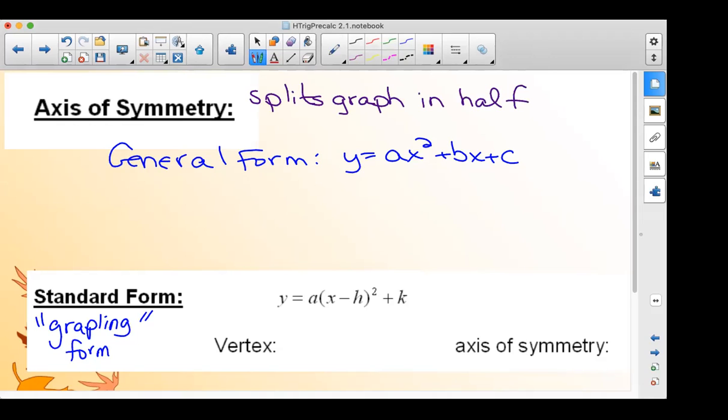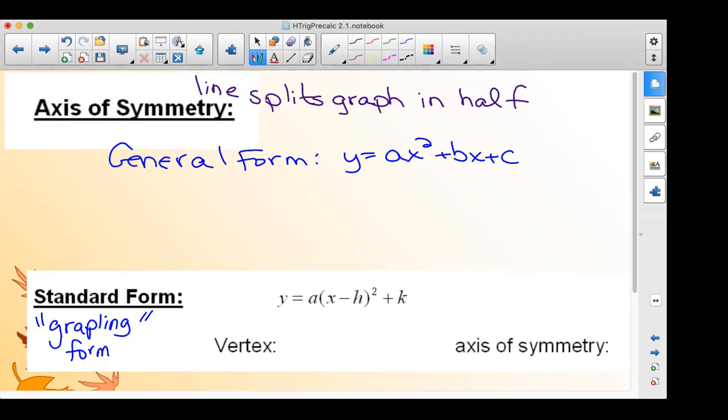Something has symmetry, it has a mirror image, the same image on each side. It's in the middle of the graph. That'll be another way. But it's a line. That's what the axis part means. That splits the graph in half.